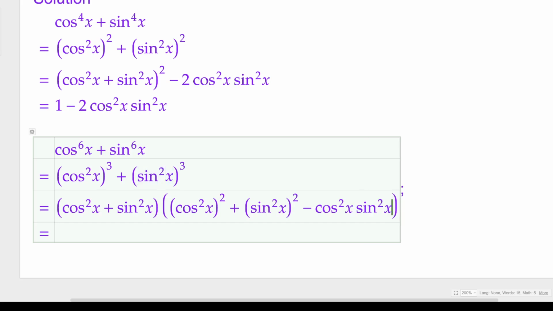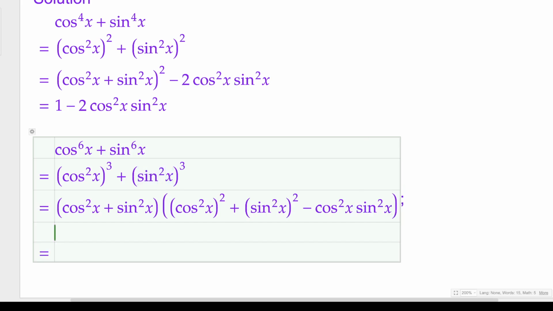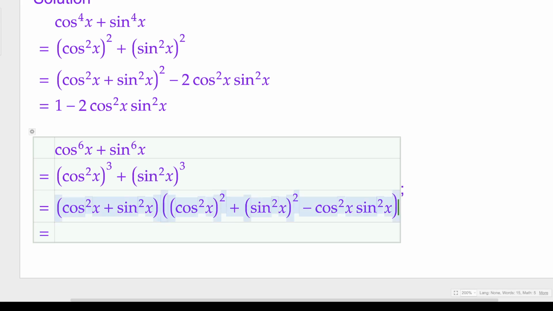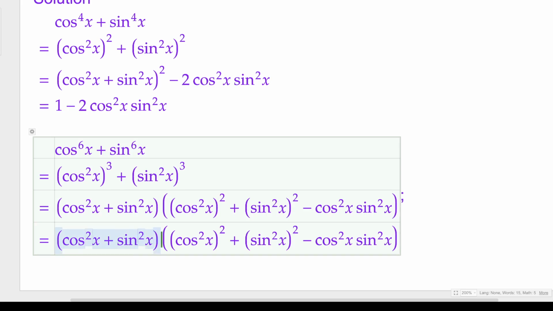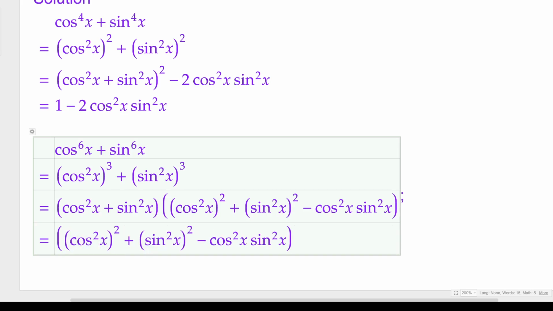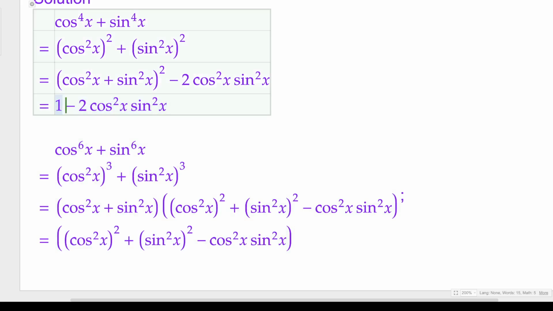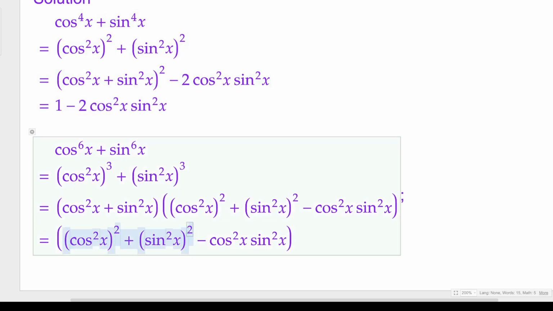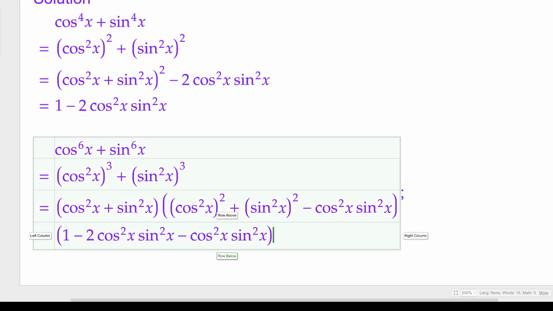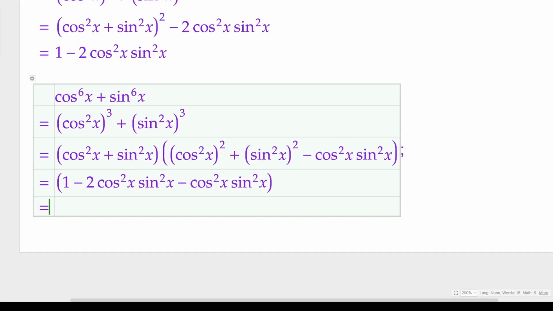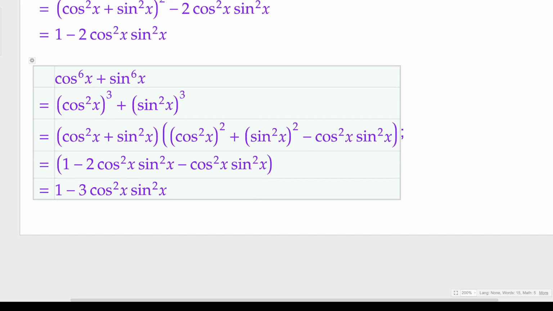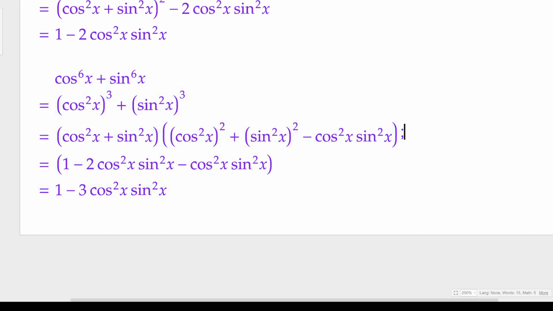Now if you observe this, it can be written as 1, and this part is something that we have already computed here itself. So I'll take this value and plug it over here, and this is clearly visible now: this can be written as 1 minus 3 times cos x squared times sin x squared. So this part is handled.